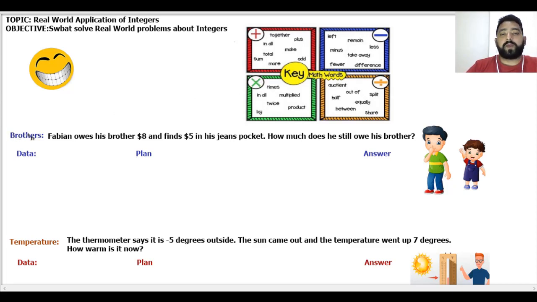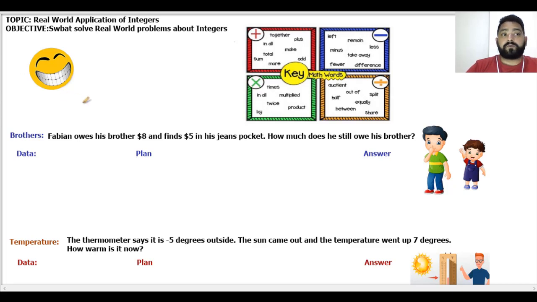For example, here we have the first example. Fabian owes his brother $8 and finds $5 in his jeans pocket. How much does he still owe his brother? First, we need to work with the data, then with the plan, and finally with the answer. Remember, it's so important to follow these steps.